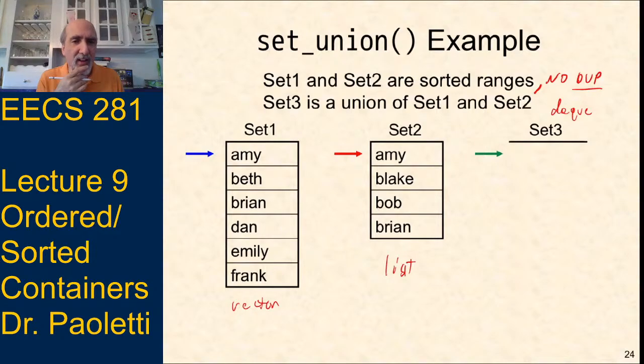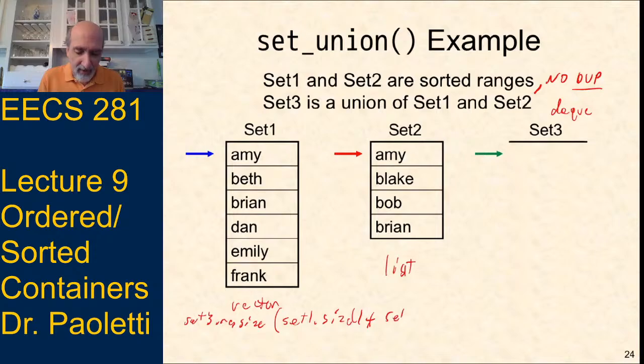Here I've got 6 elements and 4 elements. If they were all unique, I could have ended up with 10 elements, right? So I could say set 3 dot resize to be set 1 dot size plus set 2 dot size.